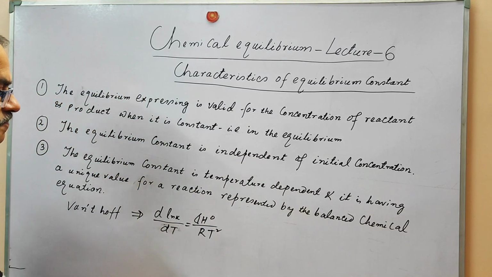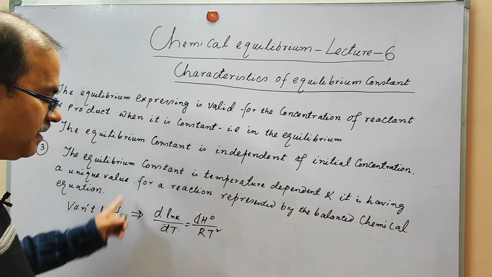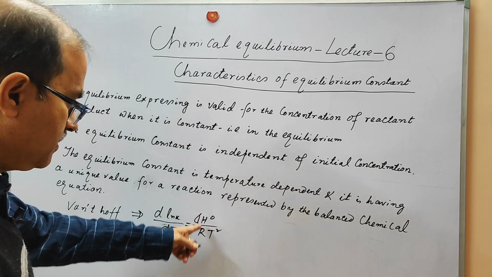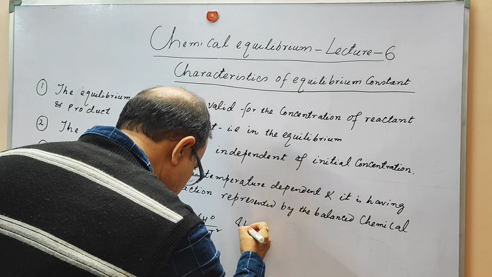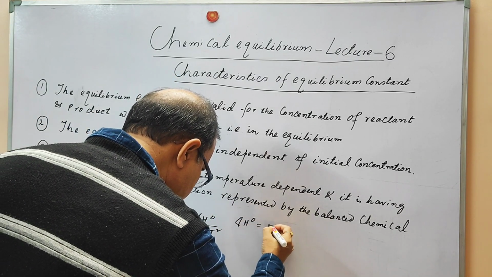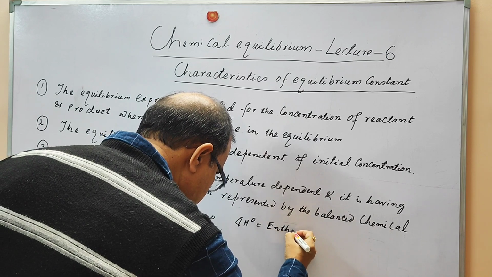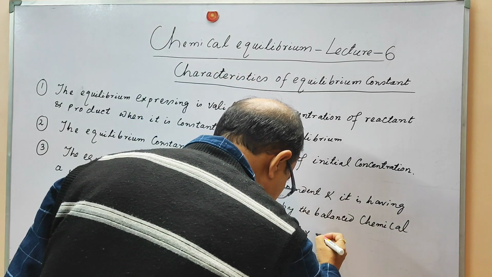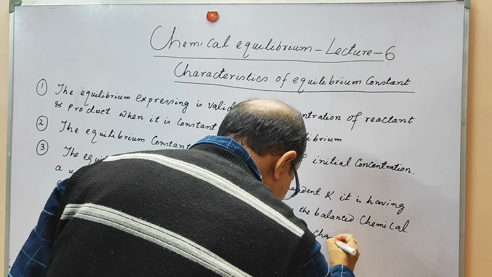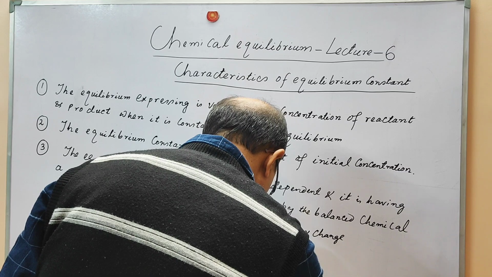So you can see it is the derivative of ln K, and that is given by del H0 and RT square. And you know del H0 is the enthalpy change, the standard enthalpy change of the reaction.